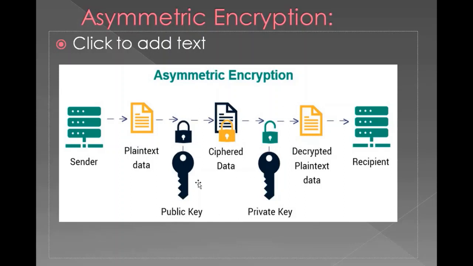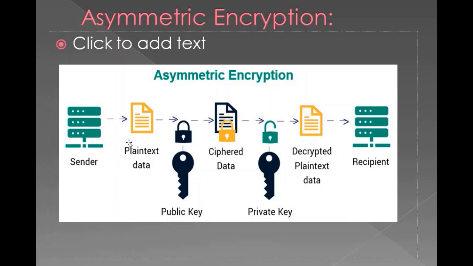Now the receiver uses his public key in order to decrypt the plain text data, and that is read by the recipient. There are different models of it, but in general this remains the same. Sometimes the public key is used to encrypt the message and that is locked by the private key, and so on. But this is basically a simple diagram to make you understand how asymmetric encryption works.